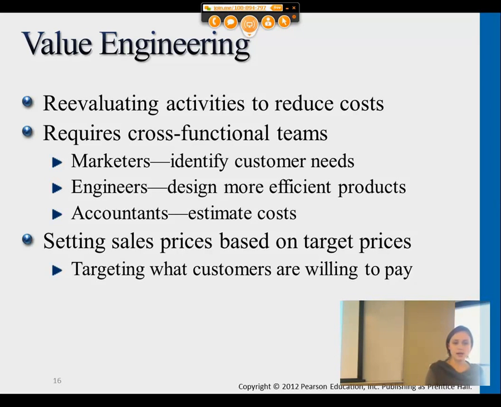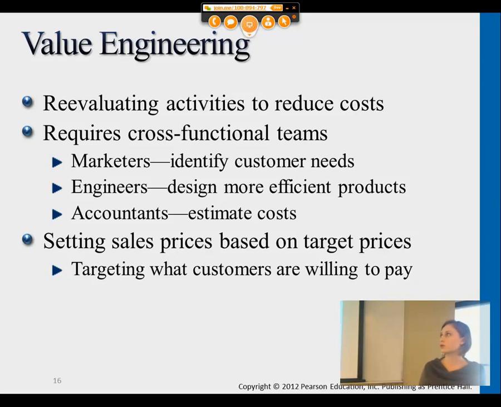Okay, so what does it mean? For you, it means that you're going to reevaluate activities to reduce all your costs. Your value engineering is going to require the participation of all your cross-functional teams: your marketers, your engineers, your accountants.